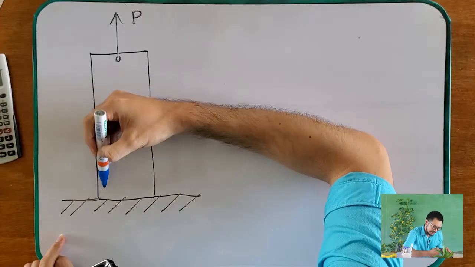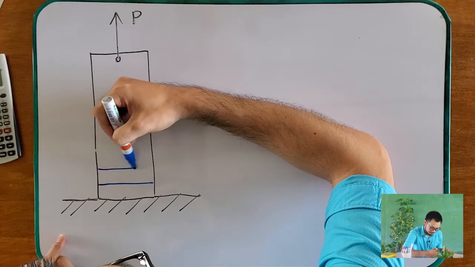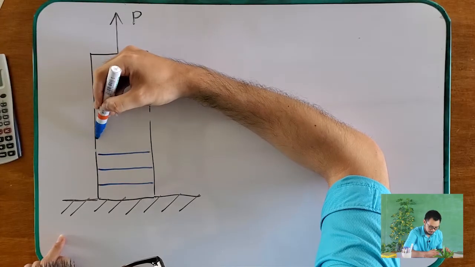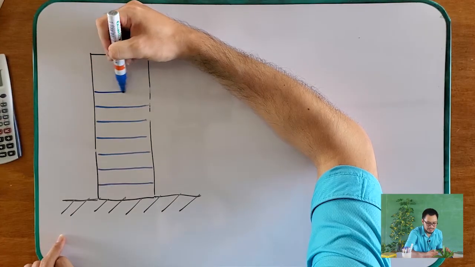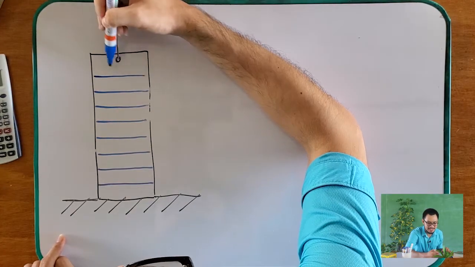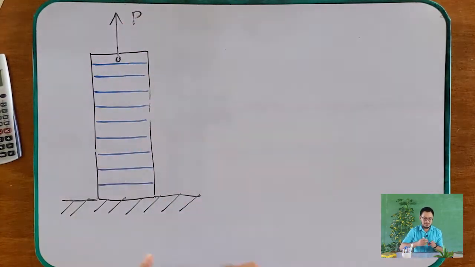So, what does localized deformation mean? Let's say we put guide lines here. Assume that these lines are straight and force P has not yet been applied. This bar is still undeformed.